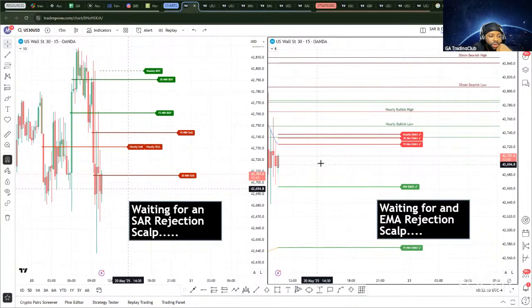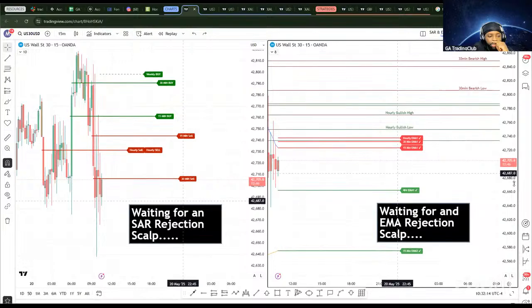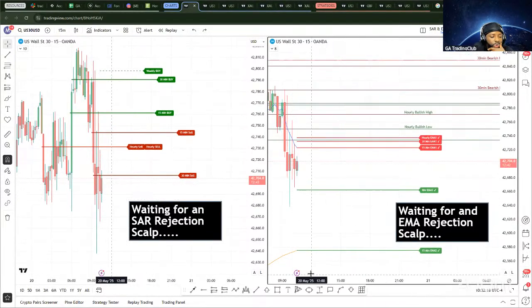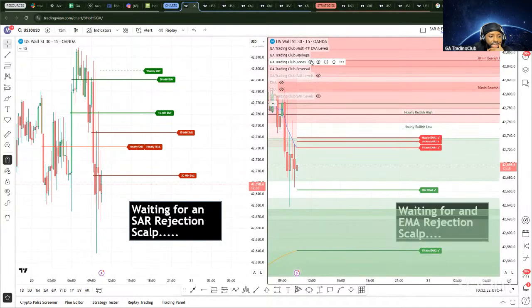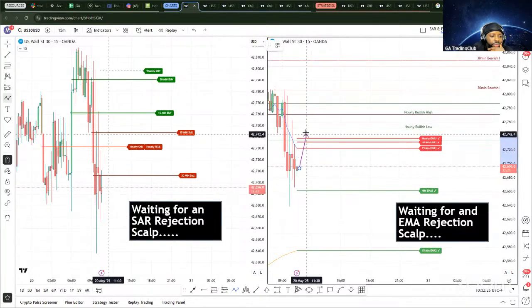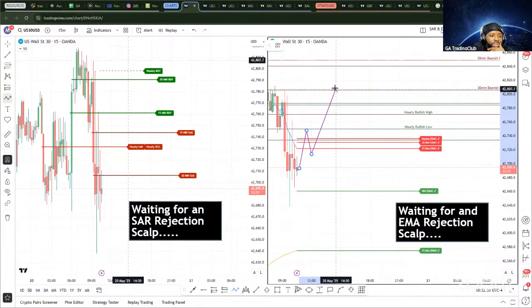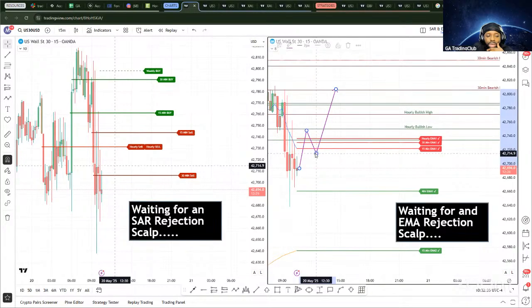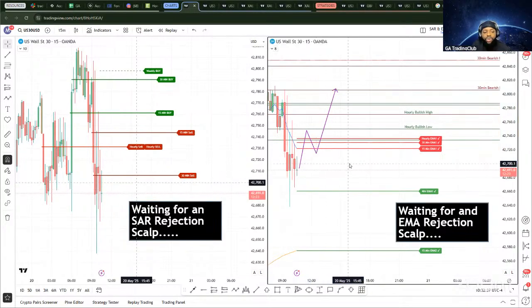All right. So the only trade, I'm sorry, I don't think we're going to get an EMA rejection scalp anytime. But if we do close above, because you can see I think we're in a demand zone. So if we close above here, we can get an EMA rejection scalp to go up. So that's the only trade I would look to take right now.